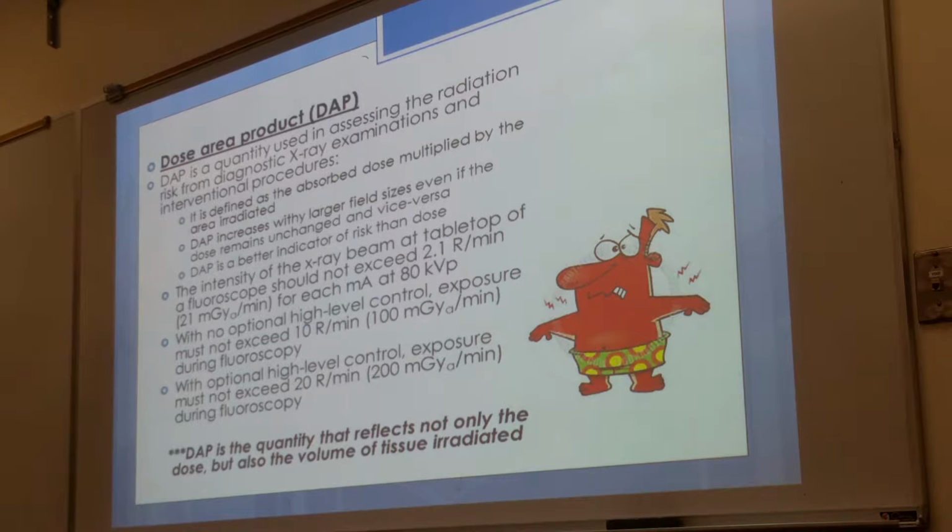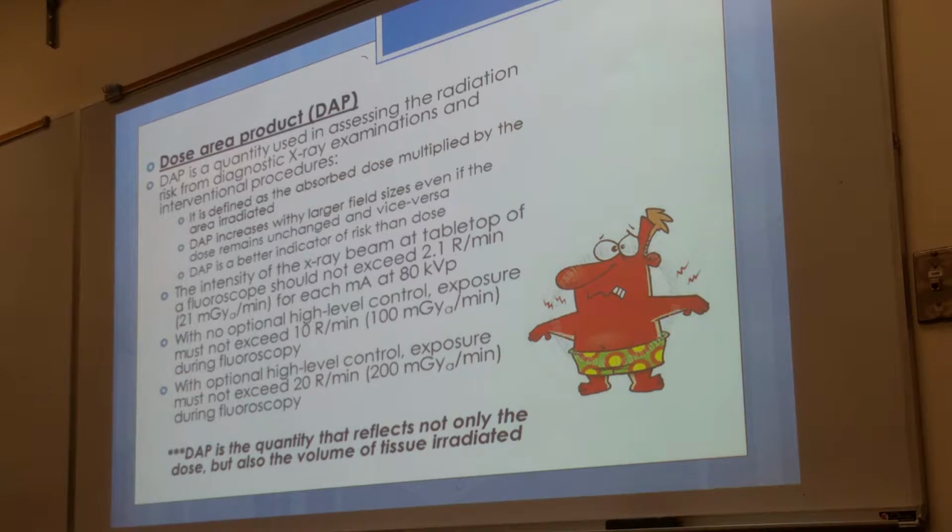Because this is what can happen. You can be irradiating an area at, let's just say, 5 milliroentgens per minute. Like you're only doing a fluoro shot of a small area. But what if you're using the same exact dose of 5 milliroentgens for a larger area?